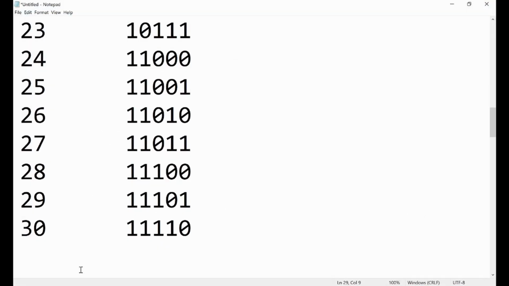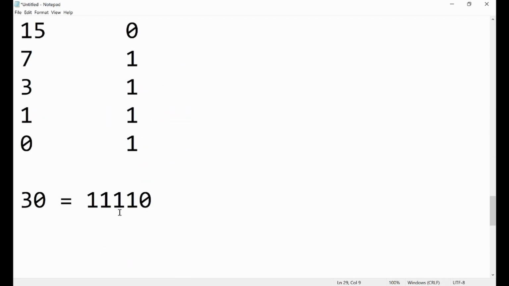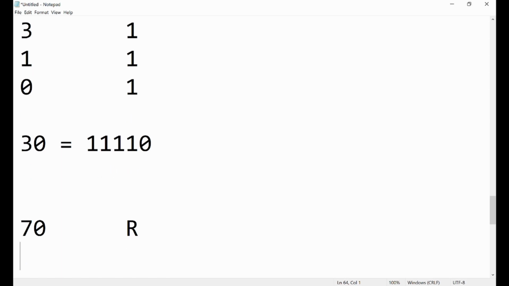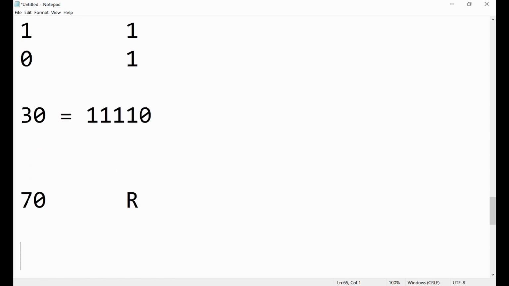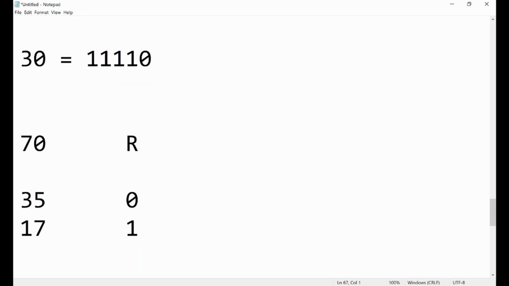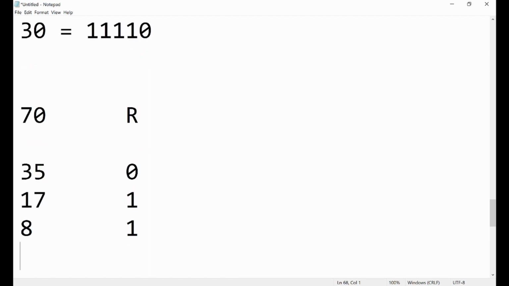Now, when you converted 70 from here, when I gave you the assignment, let's use the division method to find 70 together. So we have 70 here, and we have remainder. How many times will 2 go into 70? 35, remainder 0. How many times will 2 go into 35? 17, remainder. How many times will 2 go into 17? 8, remainder. How many times will 2 go into 8? 4, remainder.